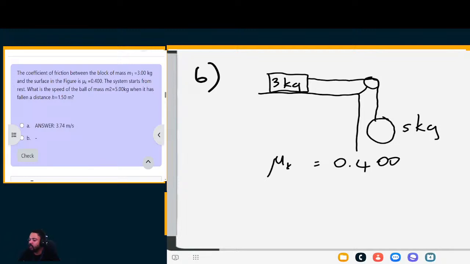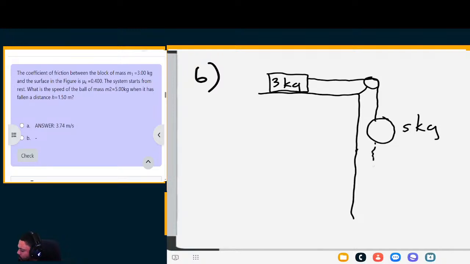They tell us that the system starts from rest, and the answer they want is what would be the speed of this ball when it has fallen a distance of 1.5 meters. So let's say this is the surface. It continues.